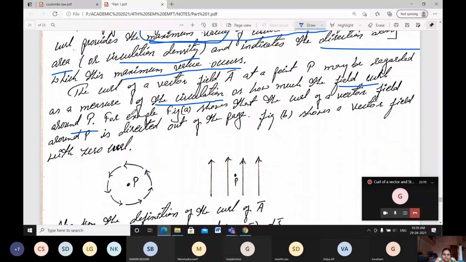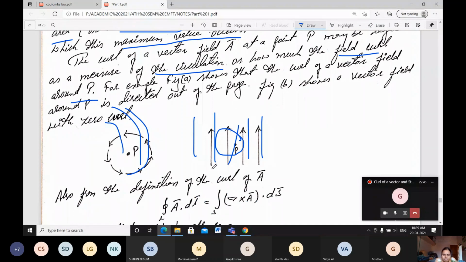Here a small example is given: figure A shows the curl of a vector field around P is directed out of the page. It's going outward. Then figure B shows the vector field with zero curl. It is not surrounding, it is just moving independently. For that reason the curl here will be 0.